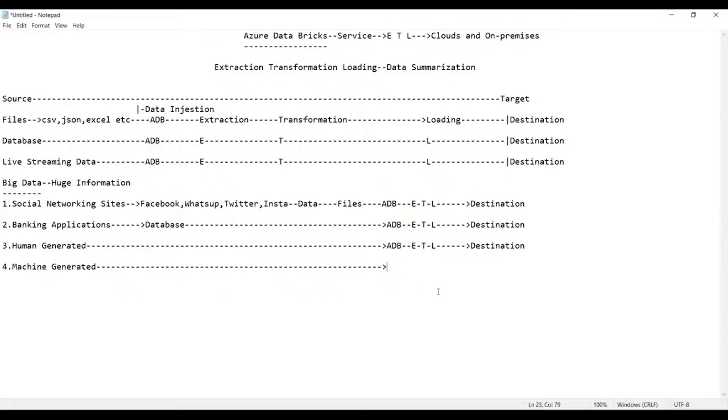It can be in the form of live streaming, databases, or files. Live streaming is a process where you get the live data. Again, the same process with ADB, ETL. Ultimately, from here, the data will be sent to the destination.